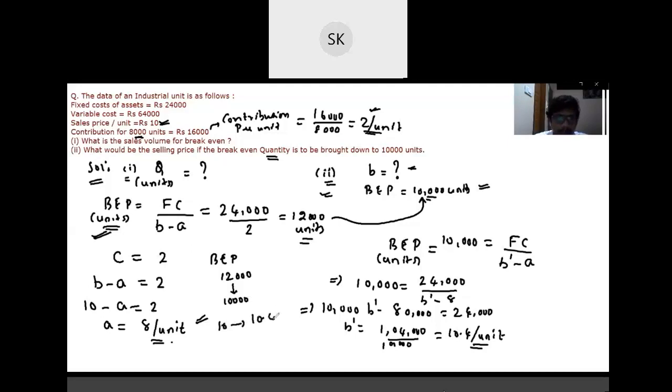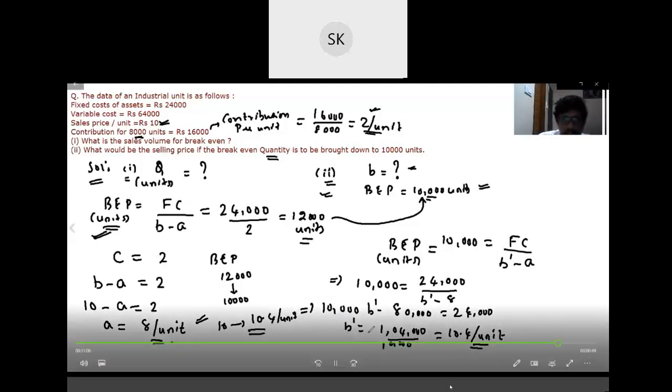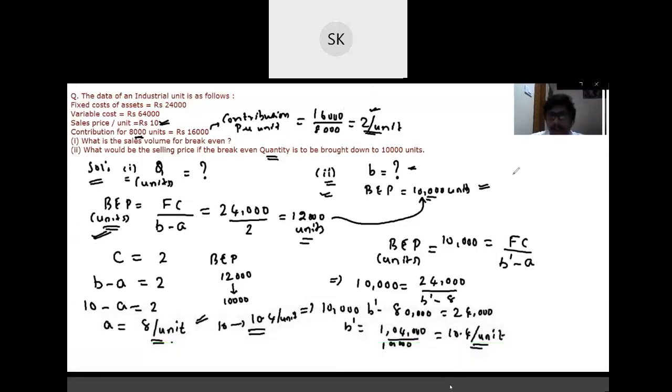So break even point, we know that in terms of quantity is given by fixed cost divided by contribution per unit.